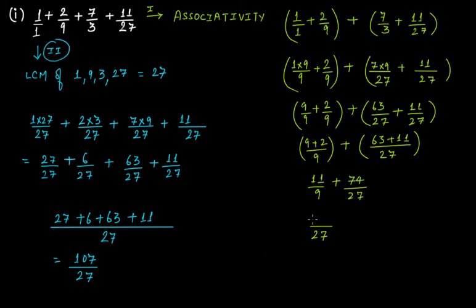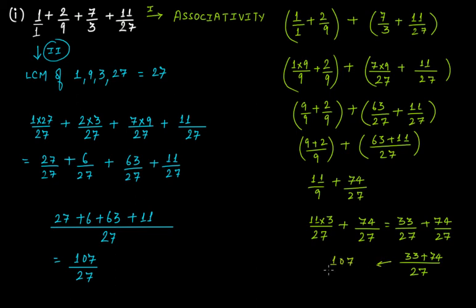So this will be 11 times 3 plus this is 27, so 74. This gives you 33 over 27 plus 74 over 27. So 33 plus 74 over 27, and this gives you 107 over 27, right?